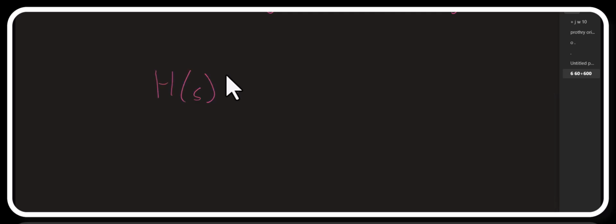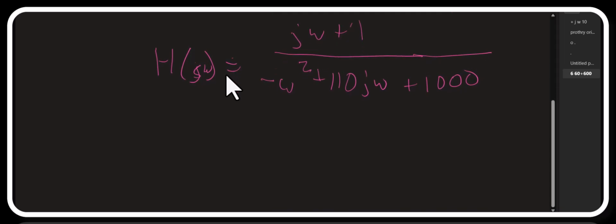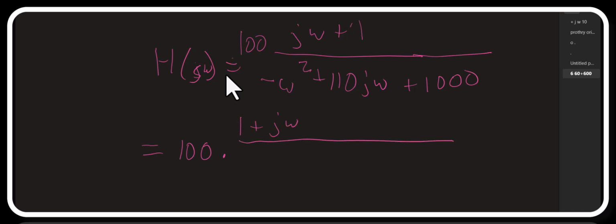So this one is h of j omega equals j omega plus 1 over minus omega squared plus 110 j omega plus 1000, with a 100 in front. The top is already in the right form.